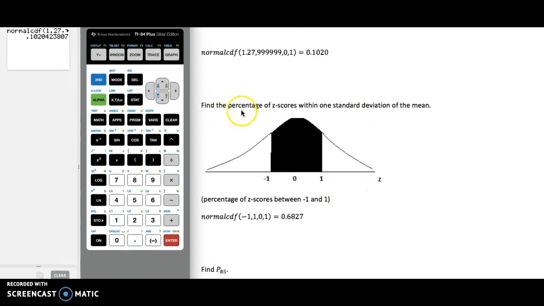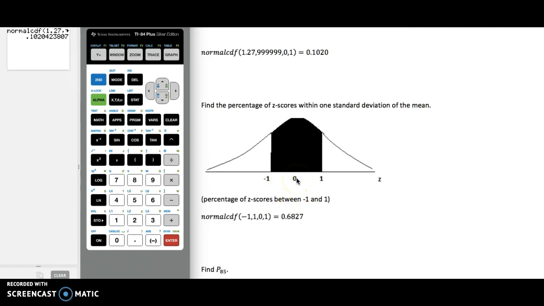So find the percentage of z-scores that are within one standard deviation of the mean. Well, remember the z-scores are distances along the horizontal axis. And so within one standard deviation, the z-scores also tell us how many standard deviations you are from the mean. Your mean is 0.